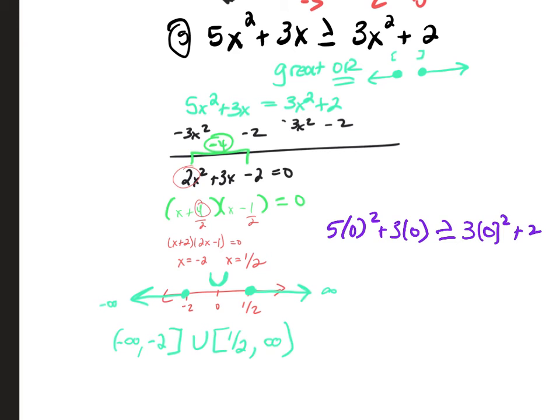Well, what's 0 squared? Times 5. 0. Plus 3 times 0. 0. So I have 0 greater than or equal to 0 squared times 3, which is 0 greater than or equal to 2? No, it's not. Is that part shaded in my graph? No, it's not. So are you correct?